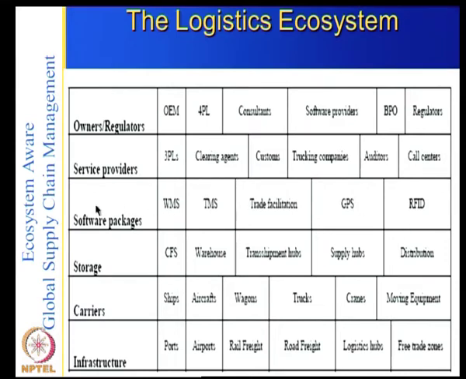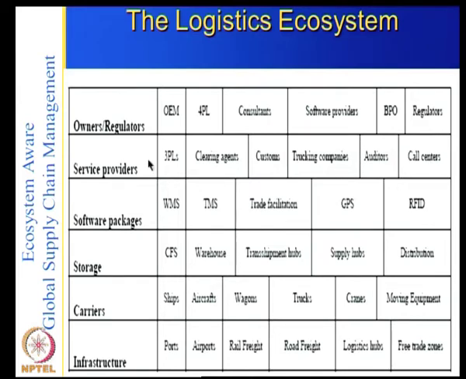So all these are the software packages that are available. And you have service providers who are 3PLs, third-party logistics players. They are clearing agents. They are customs authorities. They are trucking companies who supply the trucks, and they are auditors and call centers.